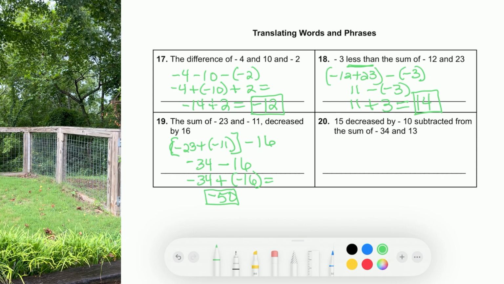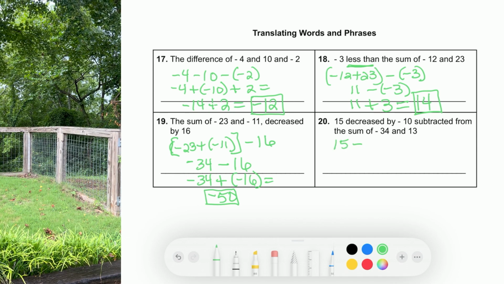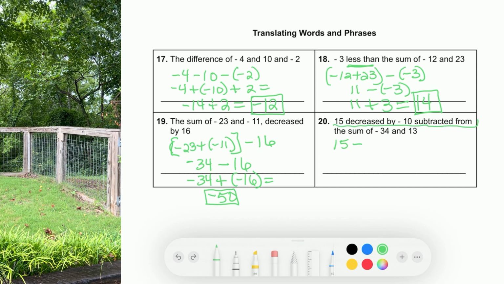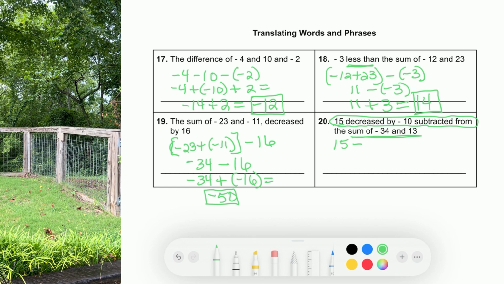Last example, 15 decreased by negative 10 subtracted from the sum of negative 34 and 13. Okay, so I need to think about this one. This whole thing right here is being subtracted from this right here.